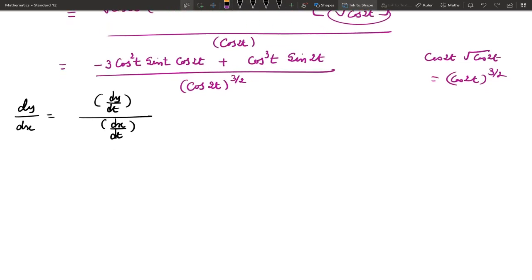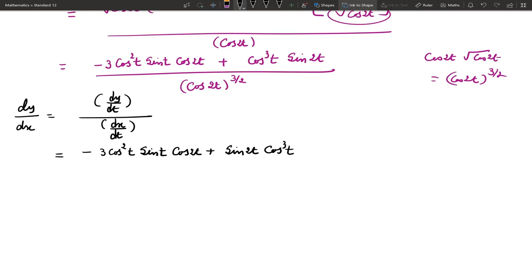So we put values for dy by dt: minus 3 cos square t sin t cos 2t plus sin 2t into cos cube t.